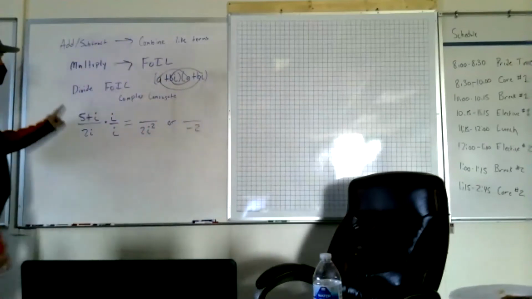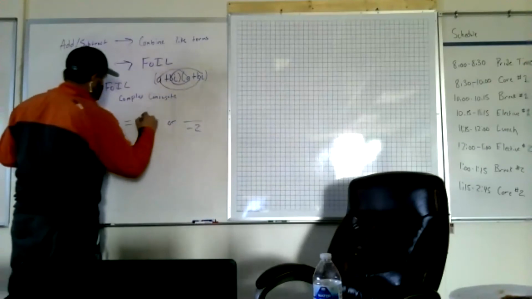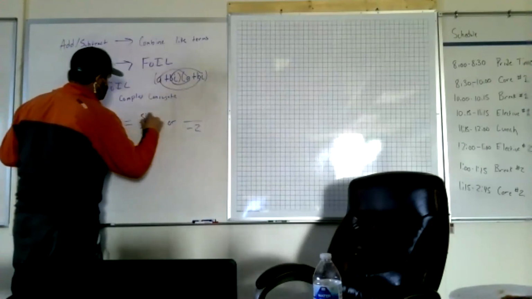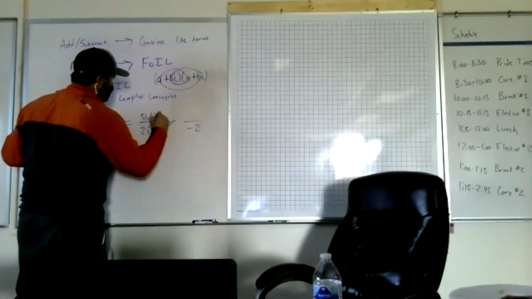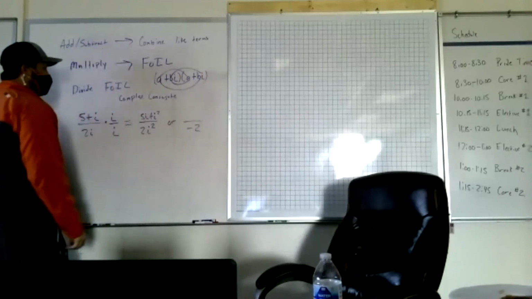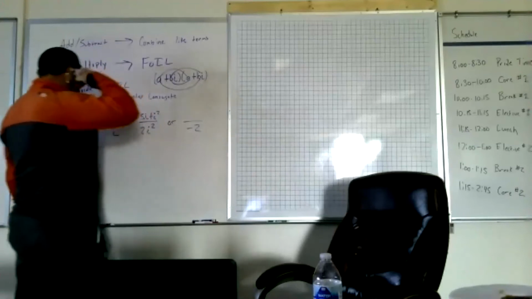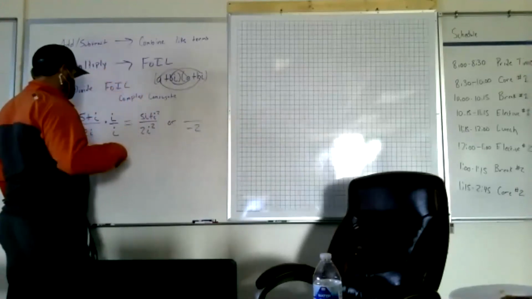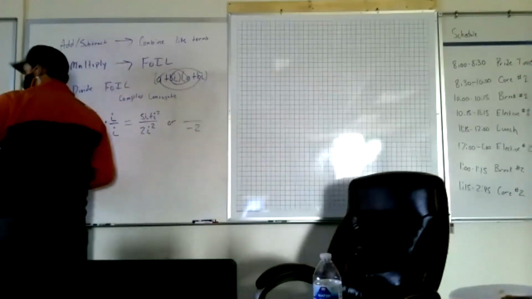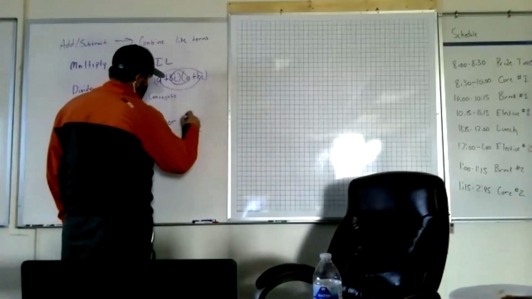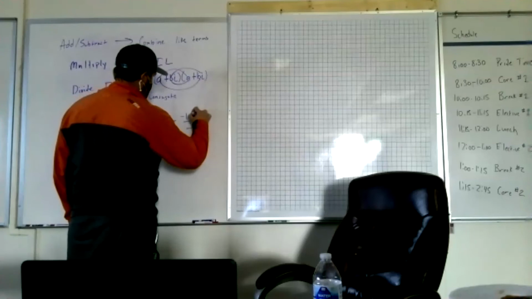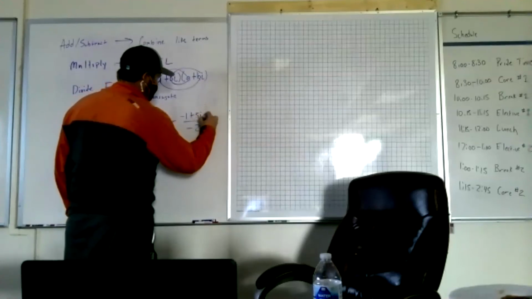The numerator, 5 times i, gives you 5i. i times i is i squared, which simplifies to negative 1. So that's negative 1 plus 5i.